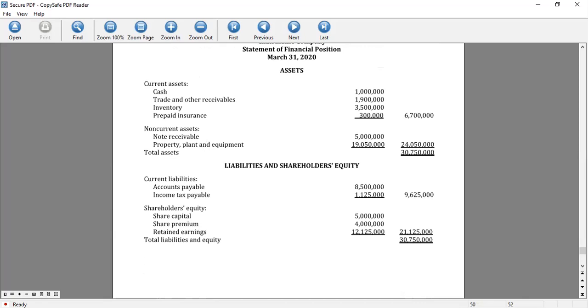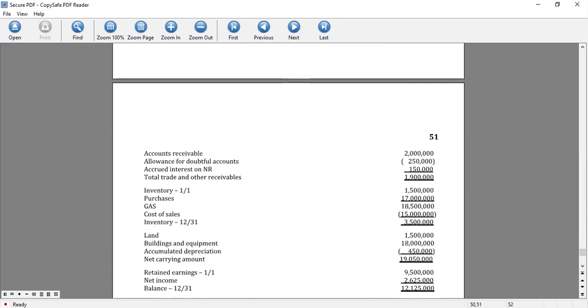Then the inventory on January 1 given is 1.5 million in the trial balance, and then we add purchases in the problem of 17 million. Then we have the total goods available for sale of 18.5 million. We deduct cost of sales equal to 15 million. That's your cost of sales.